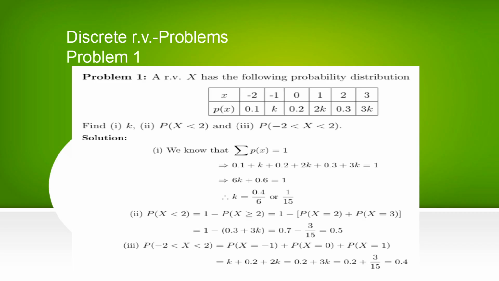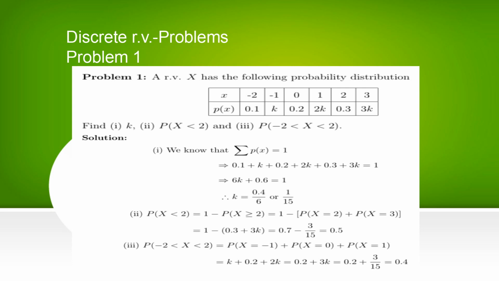P of x less than 2 equals 1 minus p of x greater than or equal to 2, equals 1 minus of p of x equals 2 plus p of x equals 3, equals 1 minus of 0.3 plus 3k, equals 0.7 minus 3 by 15, equals 0.5.